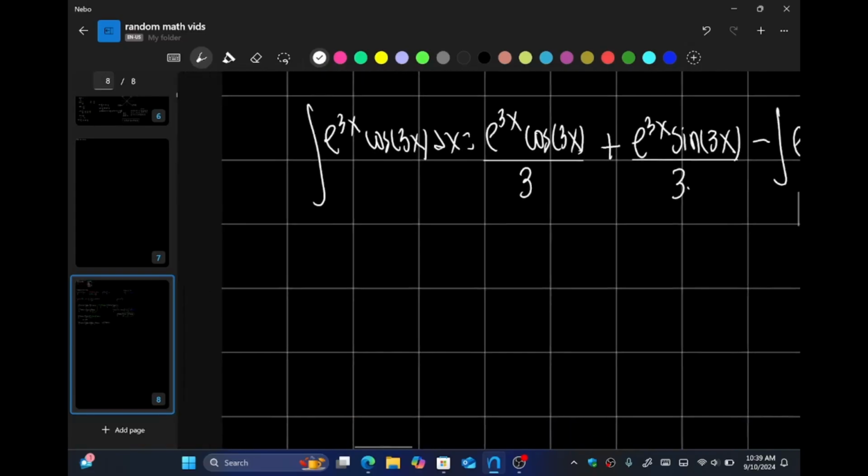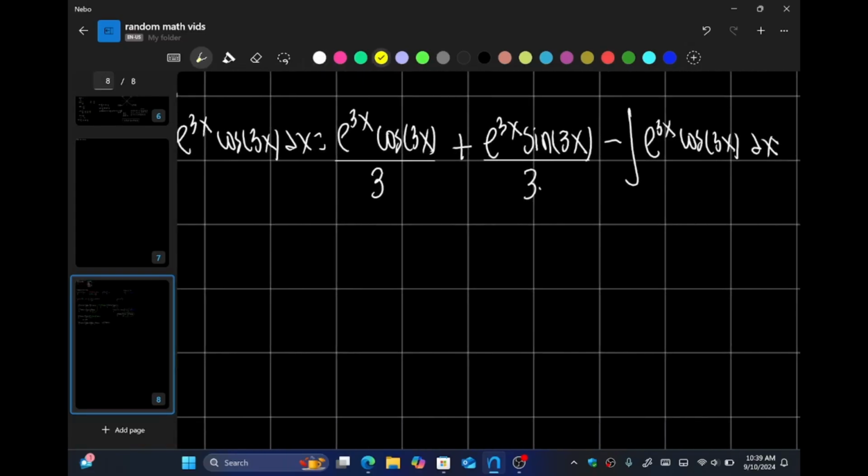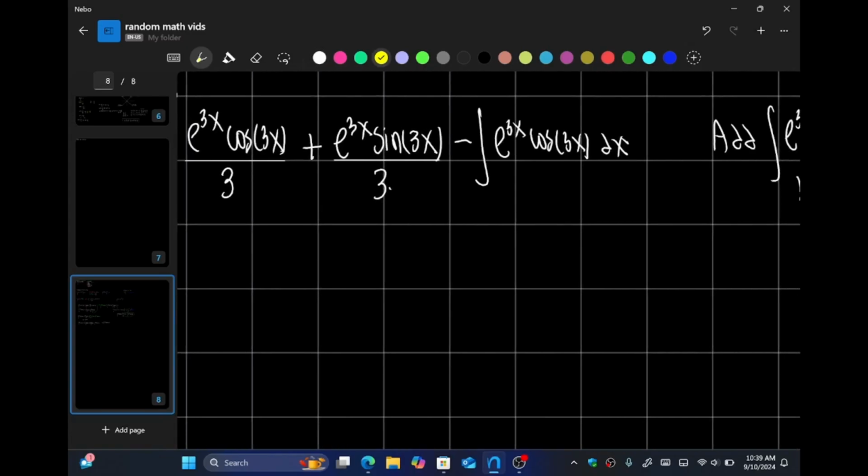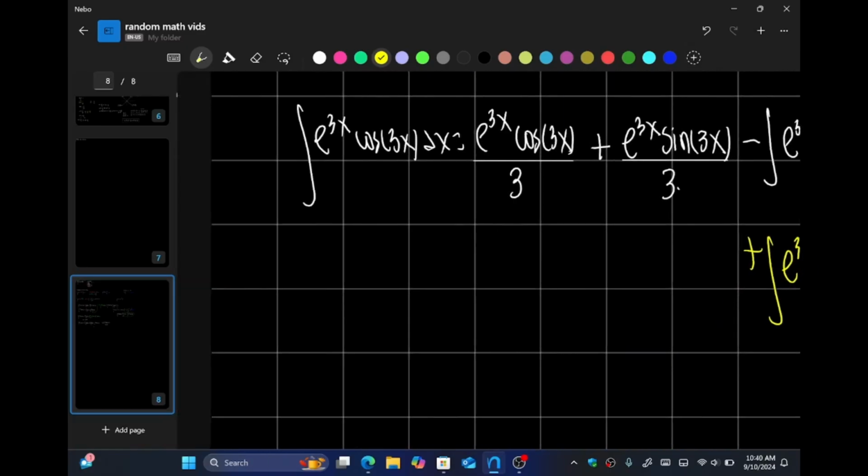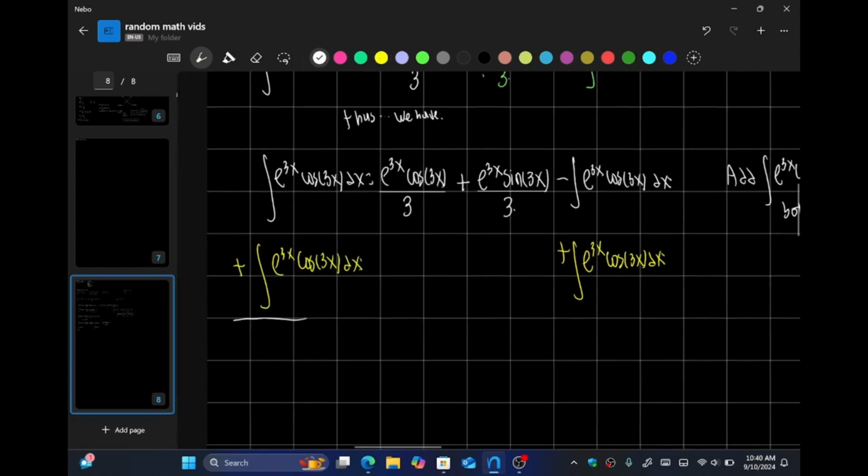This is just a little bit of algebra, guys. You're kind of isolating that integral, so you can solve for the integral that we're trying to find at the end of the day. So we have this, okay. And then we're almost there.